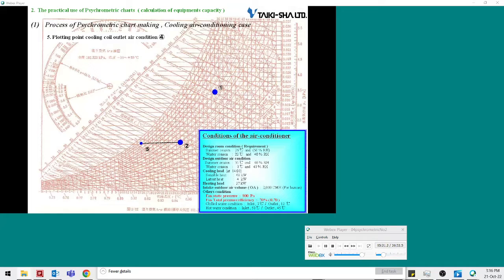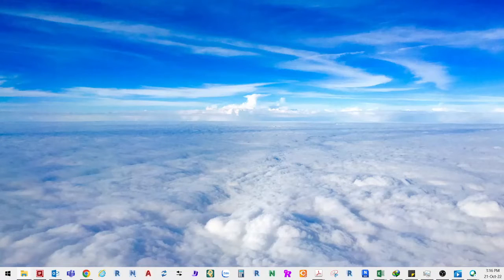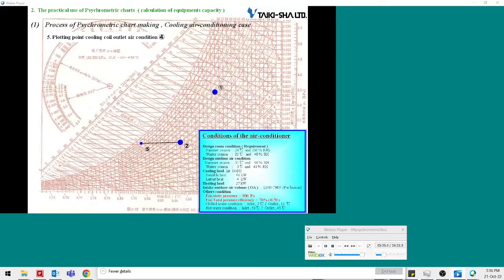Let's plot the outlet air point of the cooling coil. There are two ways to determine the outlet air point of the cooling air point. One way is to set the position where the air comes out as the point of the cooling coil. A relevant standard set by the Ministry of Land, Infrastructure, Transport and Tourism is used.